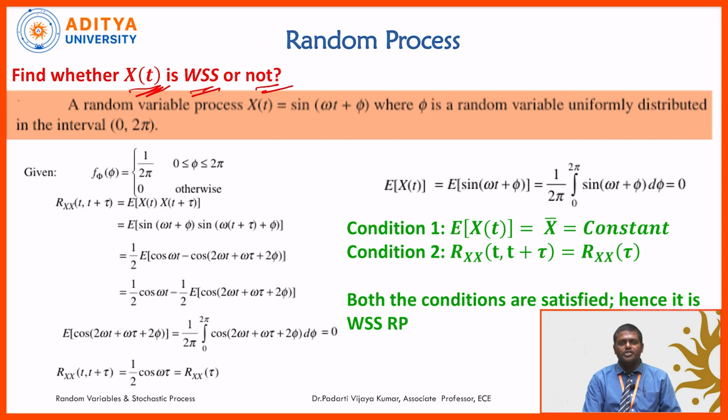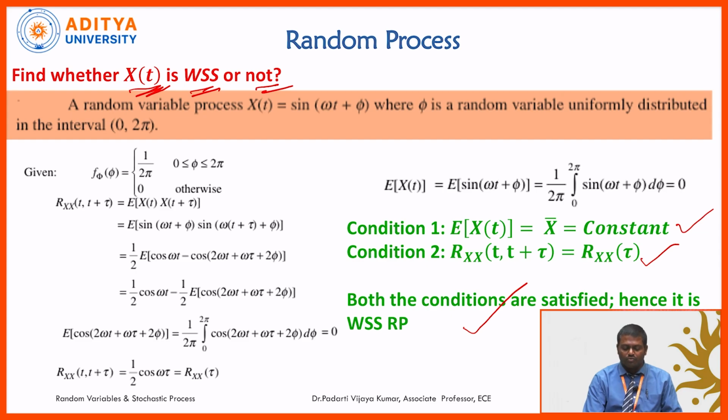The first condition is that the mean of the random process x of t should be constant, and the second condition is that the autocorrelation function of the random process must be a function of time difference. Then we say that the random process is a Wide-sense stationary random process. So if condition 1 and condition 2 are satisfied, we call it a Wide-sense stationary random process.